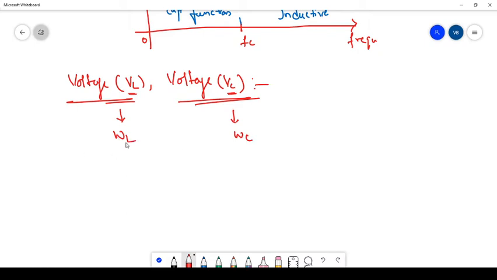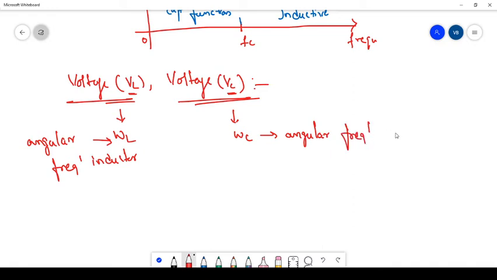WL is called the angular frequency of an inductor. WC is the angular frequency of a capacitor. We are going to calculate these two parameters.